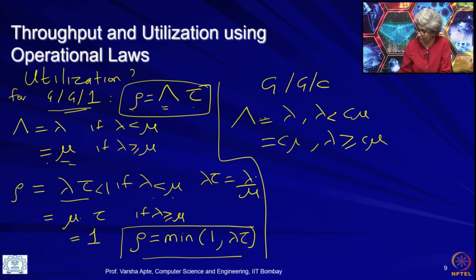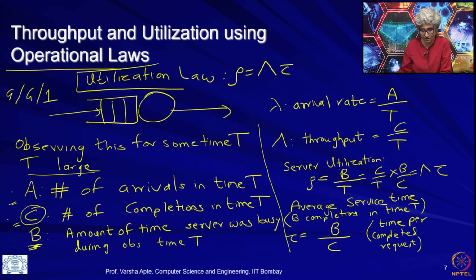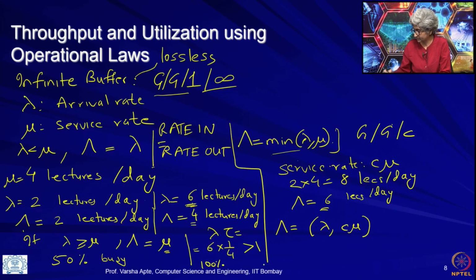Let us go back to your example of the lectures per day. Your capacity is now 8 lectures per day, since you and your friend are watching lectures. Now, if 6 lectures per day are coming to you, obviously each one of you can watch 3 lectures per day, right? So, each one of you is going to be 3 by 4th busy.